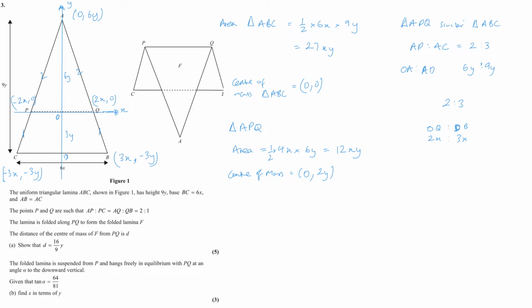So we've got now our area of ABC, centre of mass of ABC. We've got area of APQ and centre of mass APQ. And then all that's left to do is find the area and centre of mass of PQCB, which I can do from what I've given.